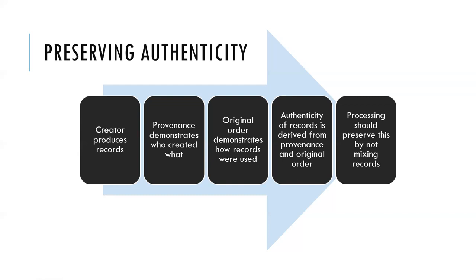So a bunch of science fiction posters, B-movie posters, and things like that. So that's what you would call a mixed collection or an artificial collection. And it's not really considered to be as authentic as a whole as other collections that just have one single provenance and have some kind of original order to them.